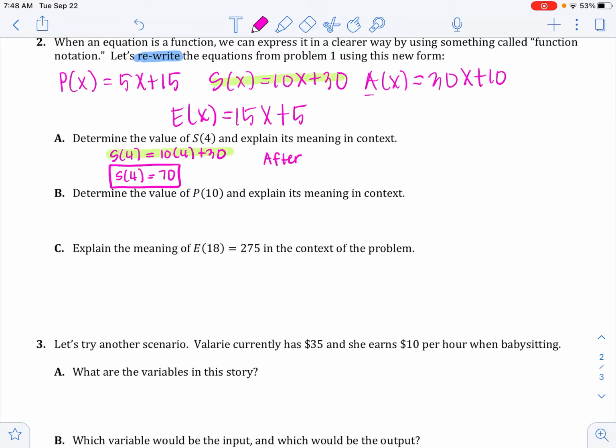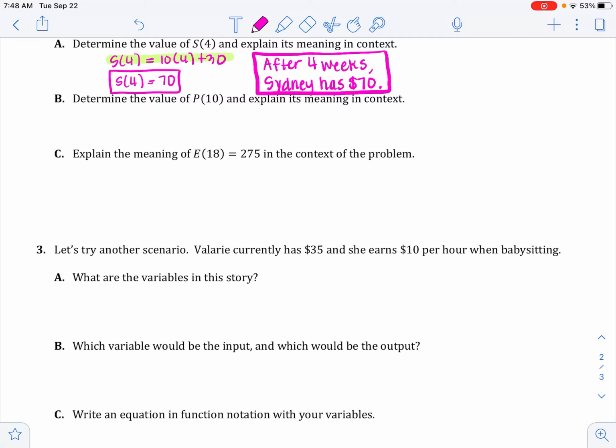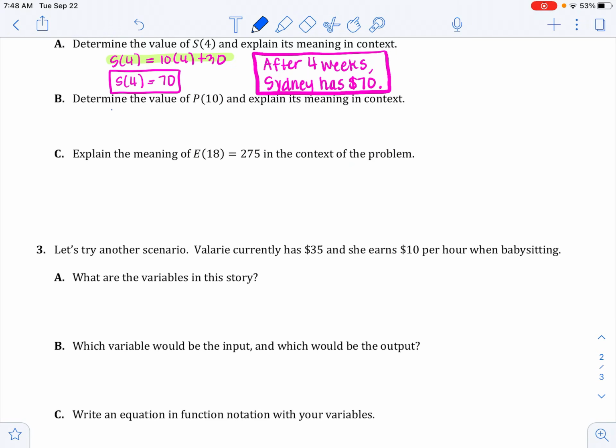I'm going to say, after 4 weeks, Sydney has $70. And that's my explanation of the meaning in the context of the problem. Make sure you're saying after 4 weeks, and make sure you're mentioning this is Sydney's money and that she has $70.